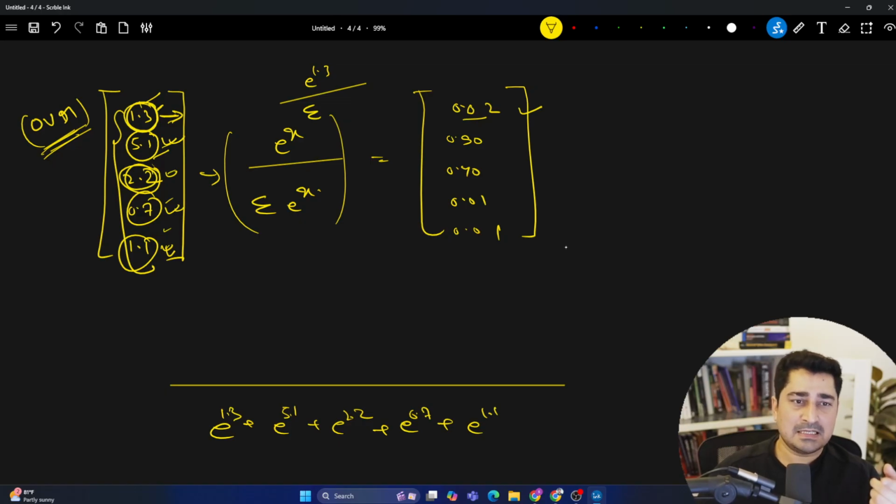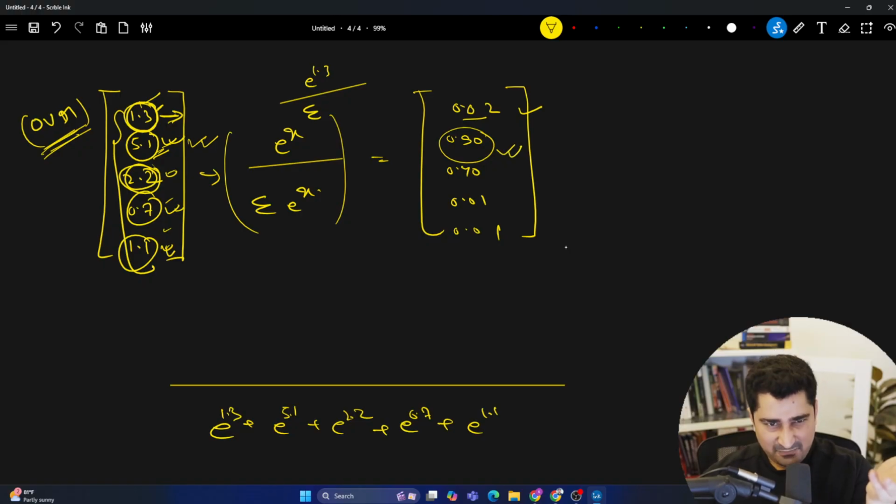The highest probability belongs to 5.1, and obviously I can see just in terms of the numbers that it's contributing more. 5.1 is the biggest number. If I ask what percentage 5.1 contributes in the summation, it's contributing 90%.